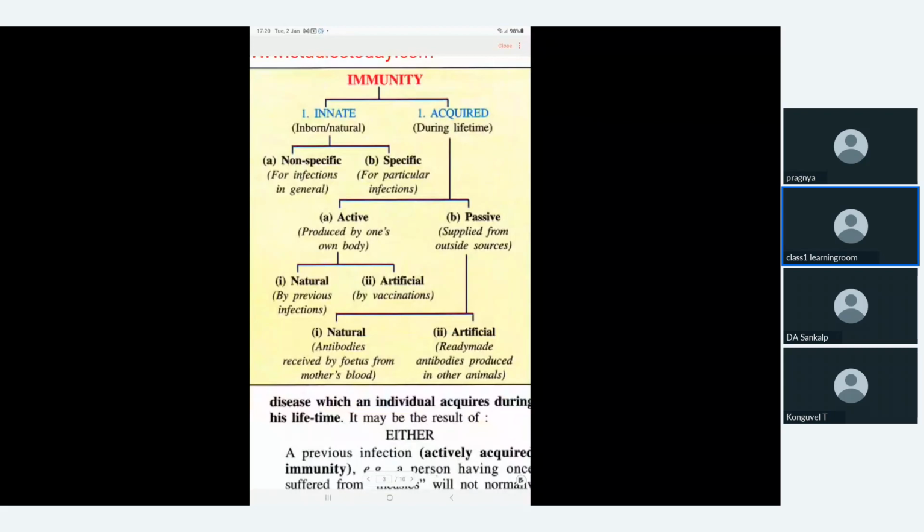But from your childhood, do you remember different kinds of vaccines? Polio vaccine. Very good. And there is pneumococcal. That's all I know, sir. Very good.